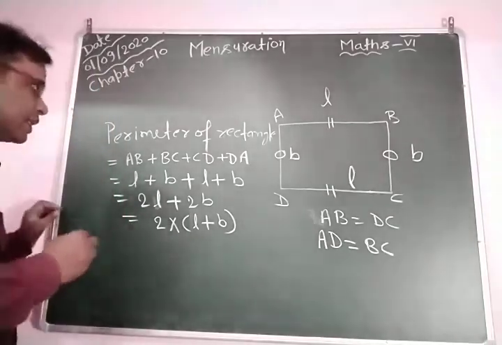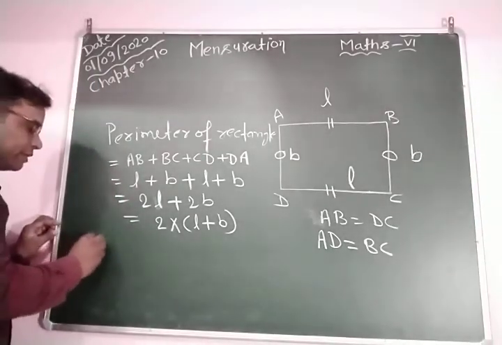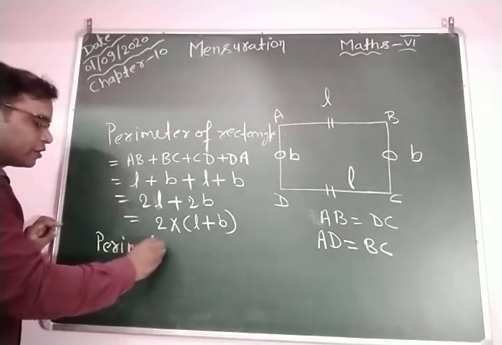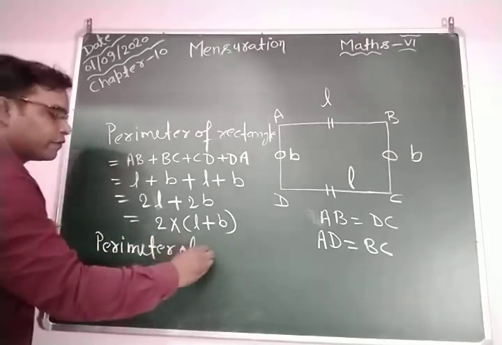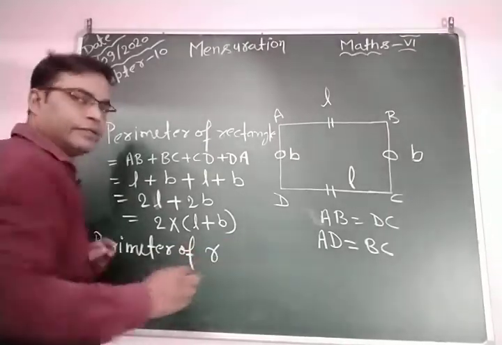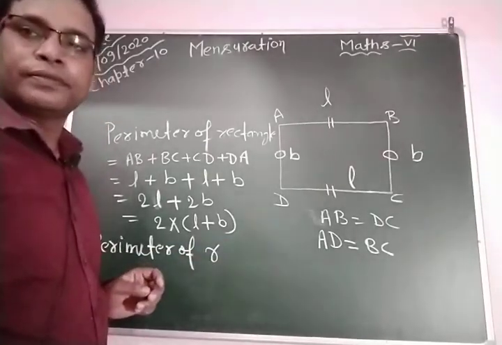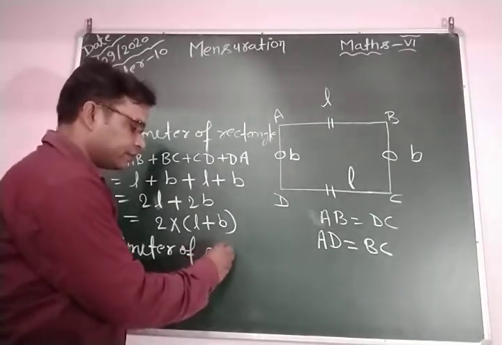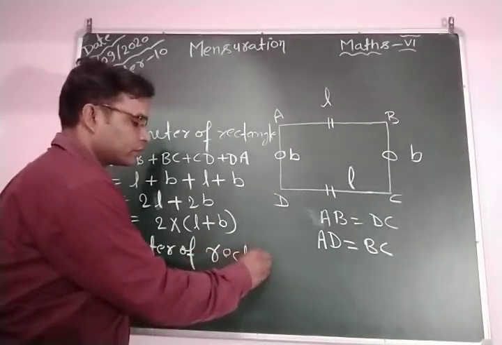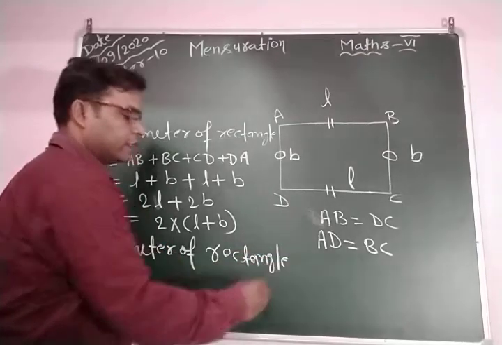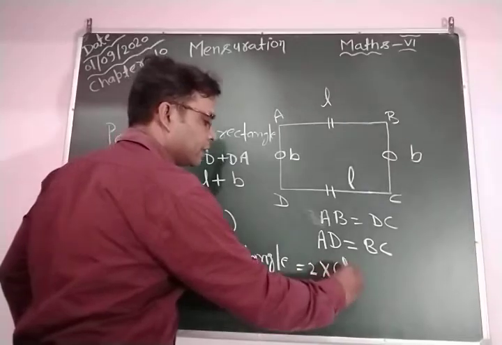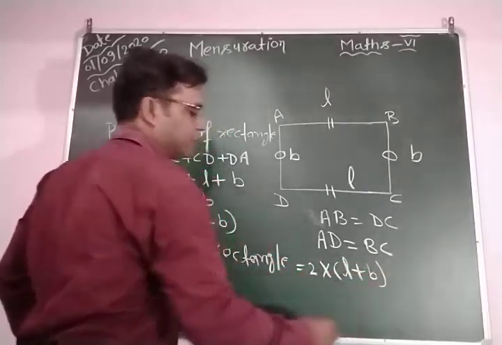So in this way, perimeter of a rectangle is equal to 2 into length plus breadth.